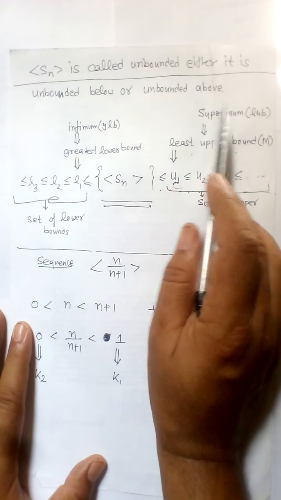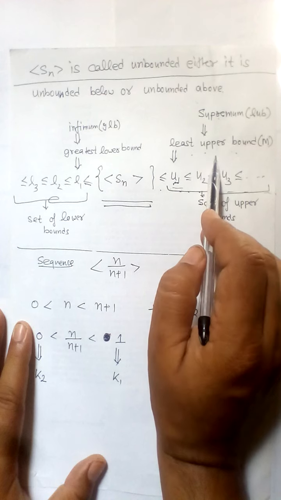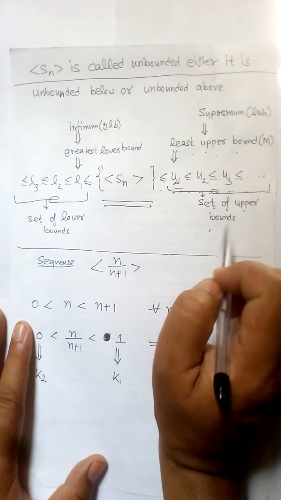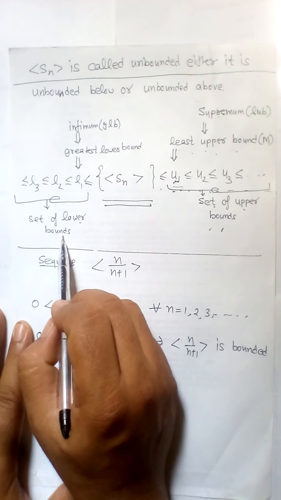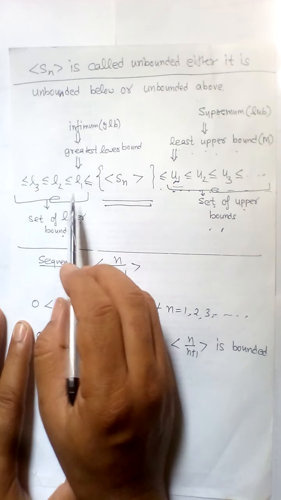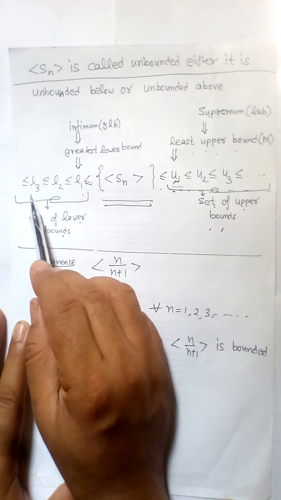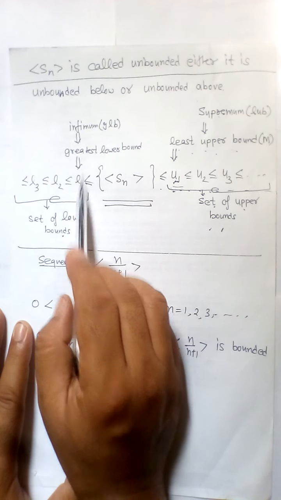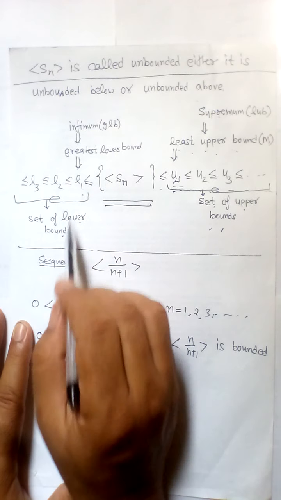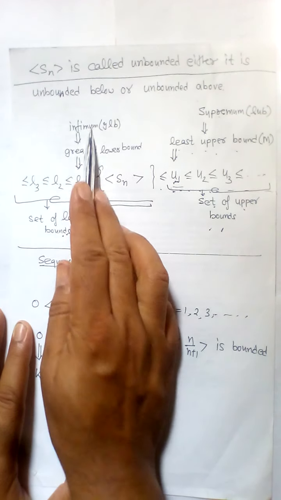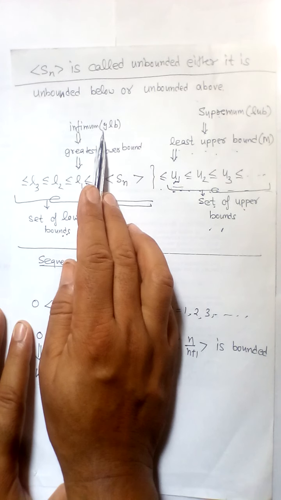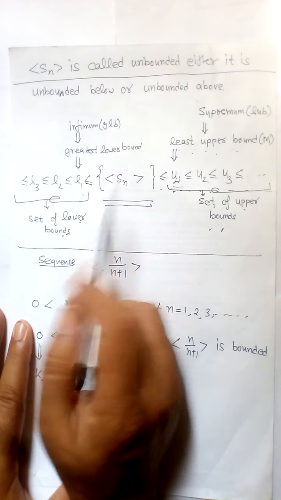This means supremum is that upper bound having the least value in the set of upper bounds. Similarly, this is the set of lower bounds, and its greatest lower bound in the set of lower bounds is known as infimum or glb, greatest lower bound.